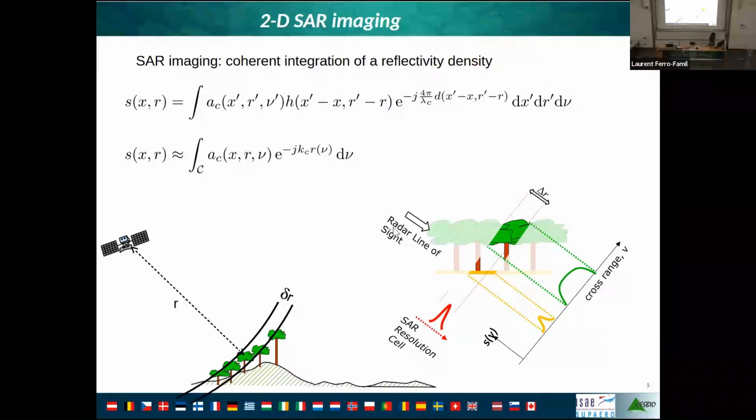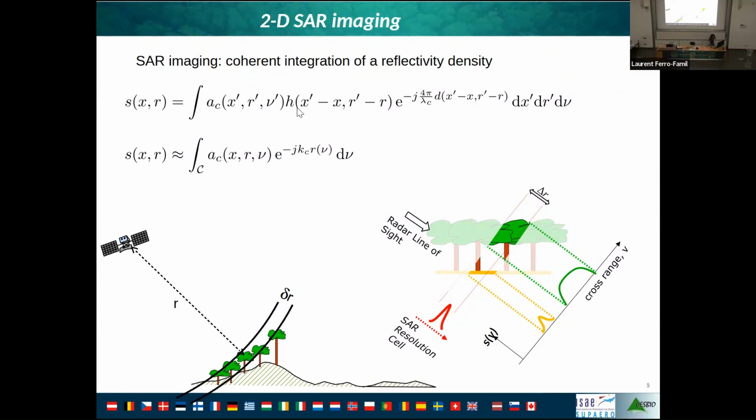Nevertheless, this 2D SAR image results from a coherent integration of the reflectivity of the environment, which is represented here, which is of course convolved by the impulse response of the system, the sinc, and a phase term which depends on the distance between the sensor and the object.